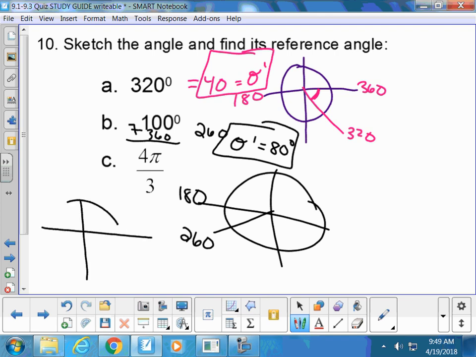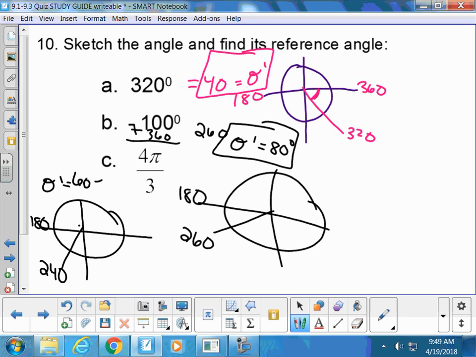And then my personal preference for 4 pi over 3 is just think about what angle equivalent that is. So I would look at my unit circle for 4 pi over 3. Did anybody find it? You'll have this little guy tomorrow. It's 240. So 240 is right here. 180 is right here. How big's the reference angle? 240 and 180, just subtract them. 60 degrees.